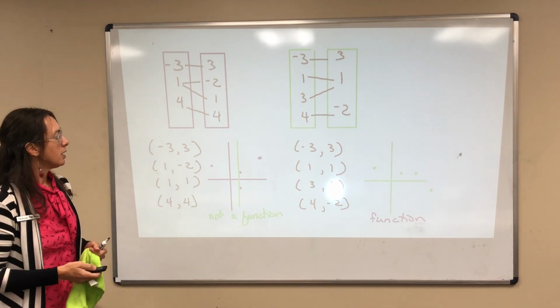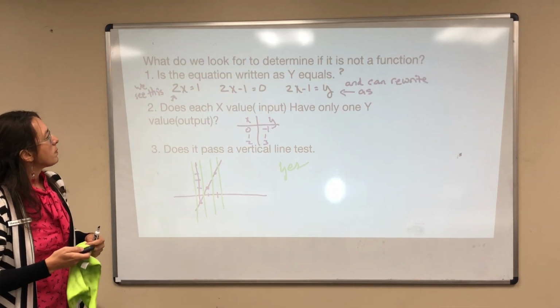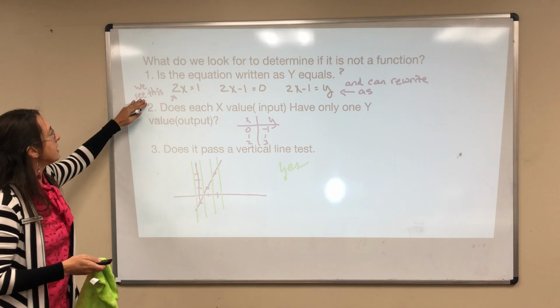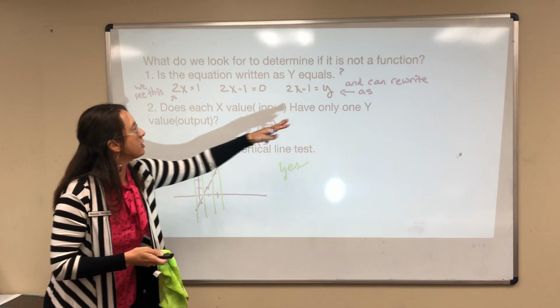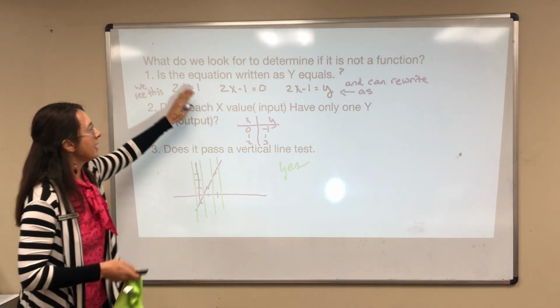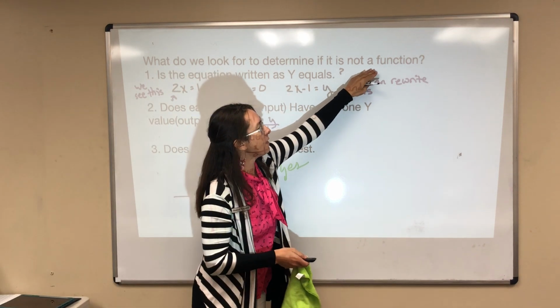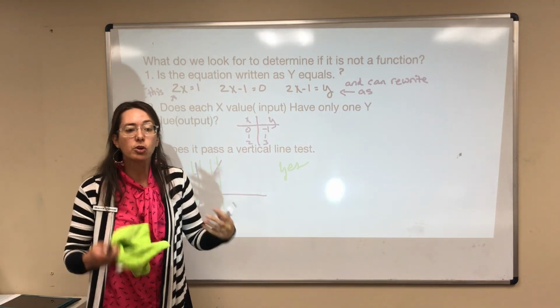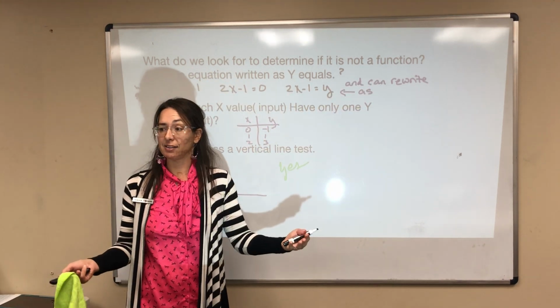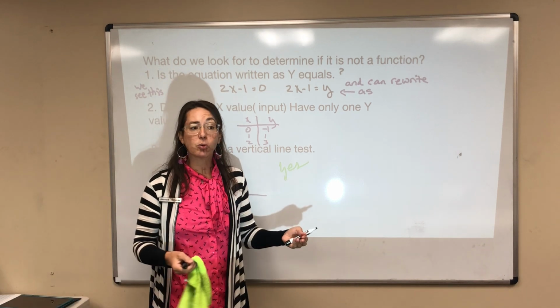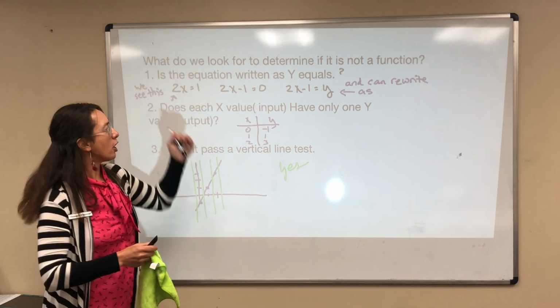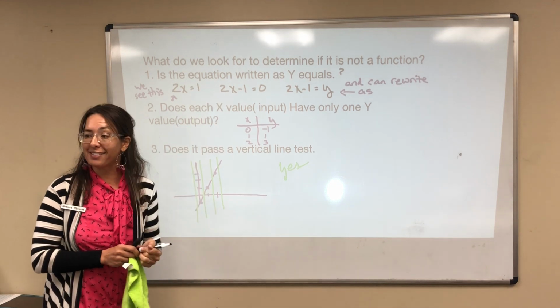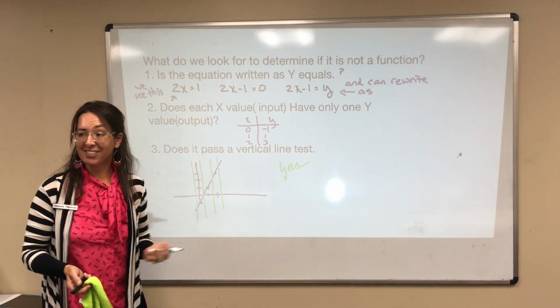Right, so if we're looking at it in function notation, first off, for function notation, we are answering the question, what is y? We cannot answer the question, what is y, if our equation is not written as y equals.